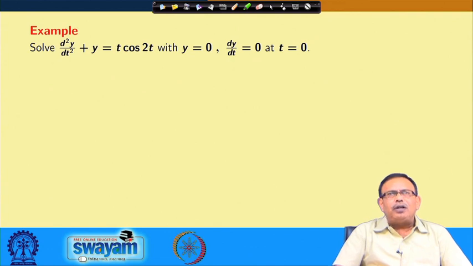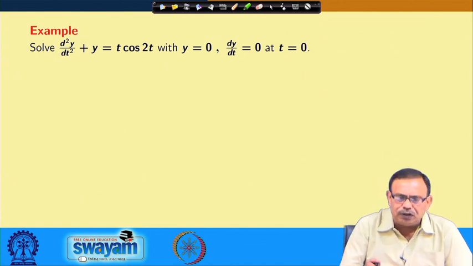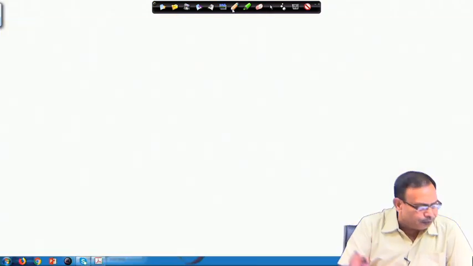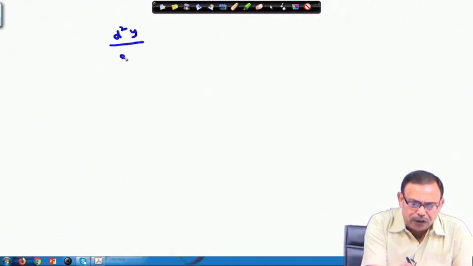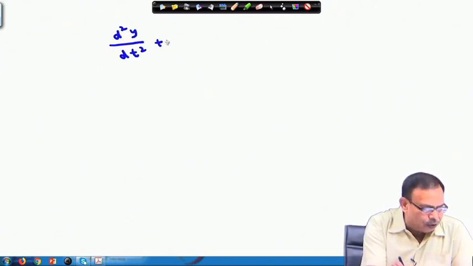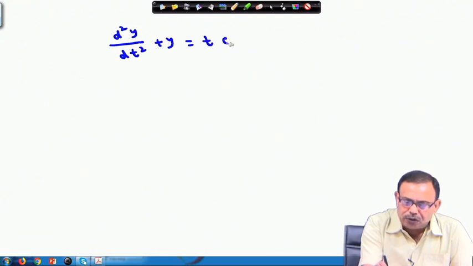So, I have to evaluate. See, in the first part what we did, there was only 0 on the right hand side of the given ODE. Now, we are solving the problem where on the right hand side of the ODE we are having a function of t also. So, your equation is d2y dt square plus y equals t cos 2t.